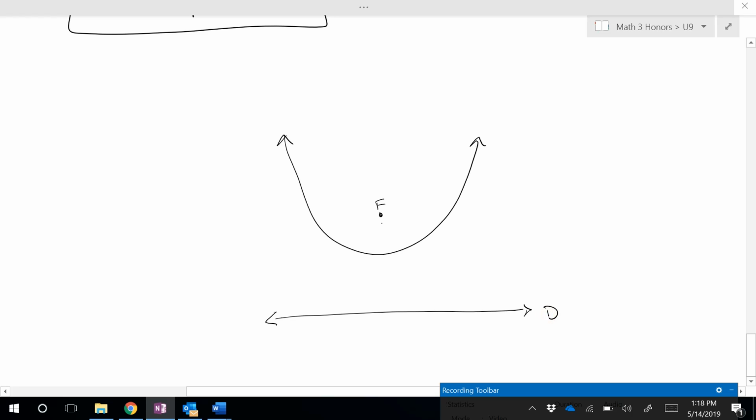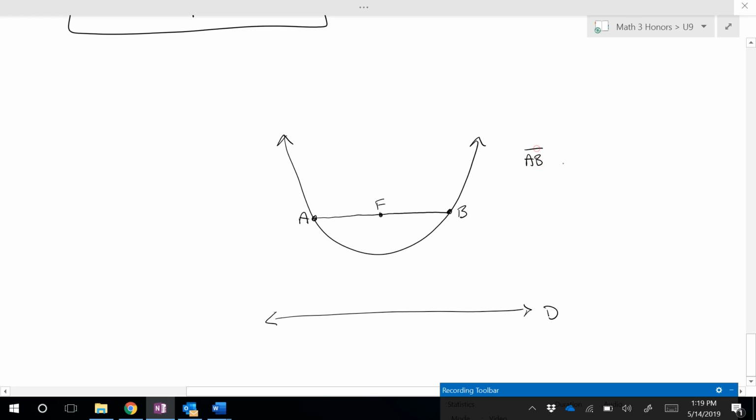And if you draw a chord, which is like a line segment that's parallel to your directrix through the focus with its endpoints on the parabola, so I'm going to draw that right here. So this chord right here, from point A to point B, we call that the focal chord.